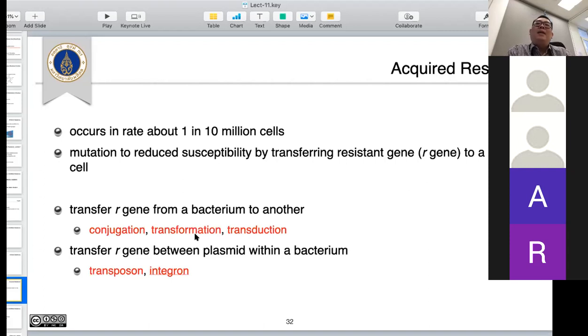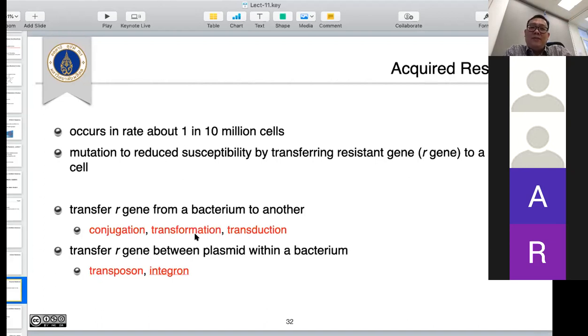Transformation happens when the bacteria that host the gene has died and lysed. When the cell lyses, some part of the DNA is broken, and the DNA may be taken up into another cell by transformation, and if the DNA that goes inside the cell has some homology, it can undergo recombination and transfer into the chromosome.